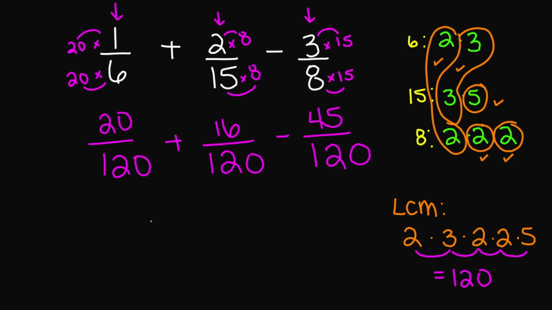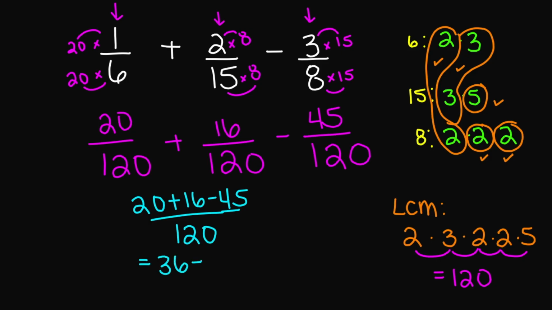In my numerator, we have 20 plus 16 minus 45. 20 plus 16, this is going to equal 36. And then 36 minus 45 over 120, this is going to equal -9 over 120.